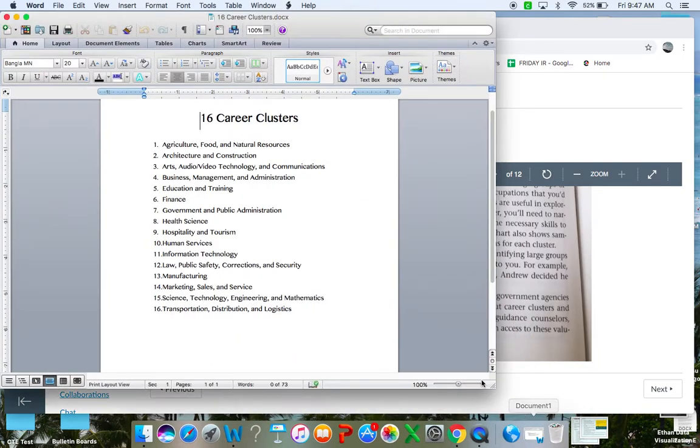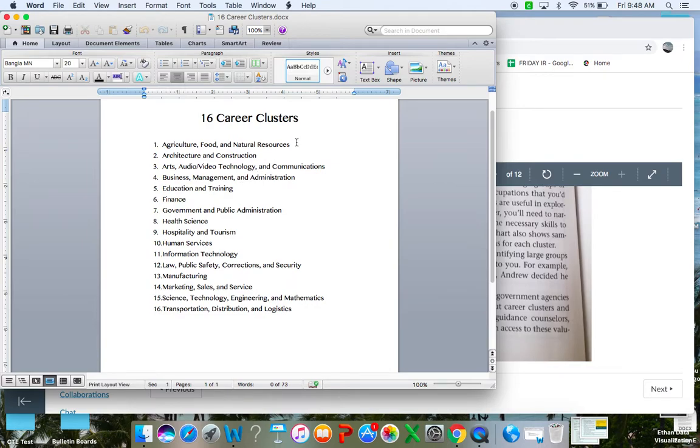So going back to this list right here, if I were to observe a teacher for a day, I might decide, well, this career cluster is not for me. So then I eliminate number 5. So now instead of choosing from 16 different career clusters, now I only have to choose from 15 because I've already eliminated that one.